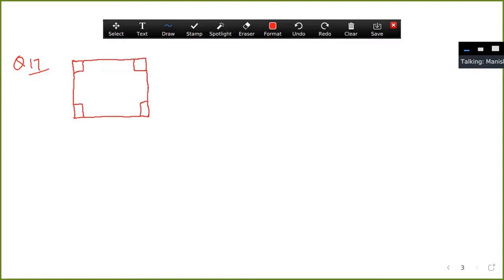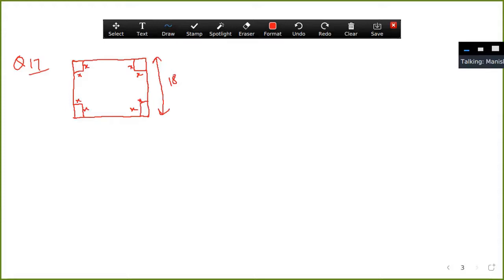Now what should be the side of the square to be cut off so that the volume of the box is maximum possible? Let it be x, a square, it means all sides are x, and the side of the sheet is given to you, that is 18.